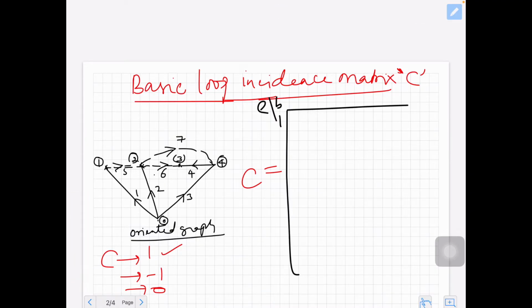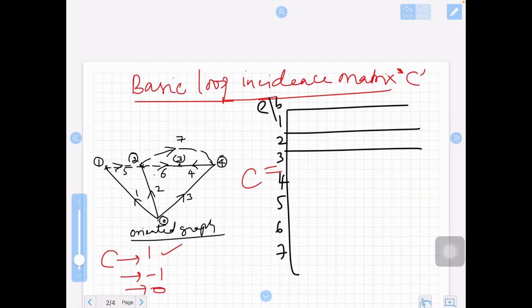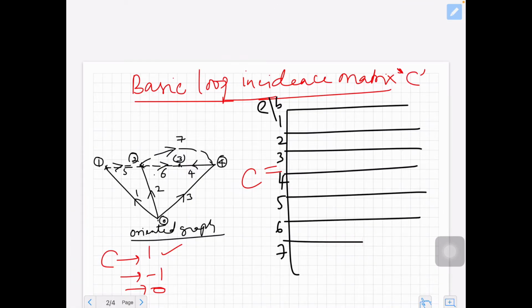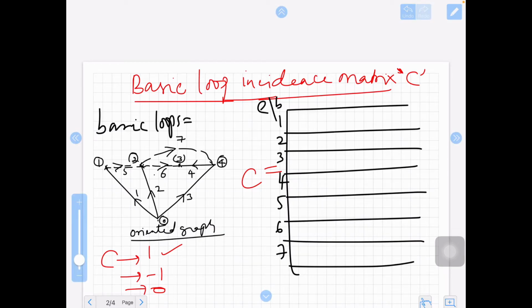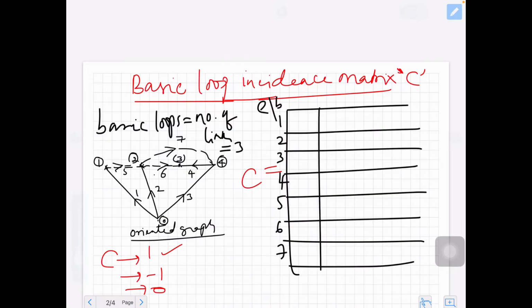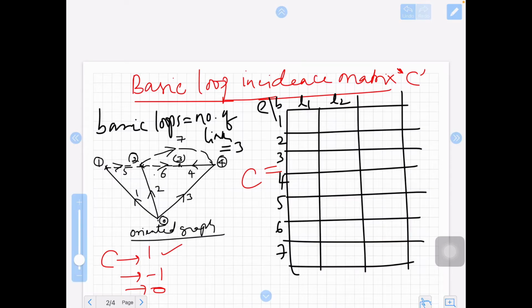The elements are 1, 2, 3, 4, 5, 6, 7. And how many basic loops? The number of basic loops is equal to the number of links. Here the links are 3. So, let us have loop 1, loop 2 and then loop 3.